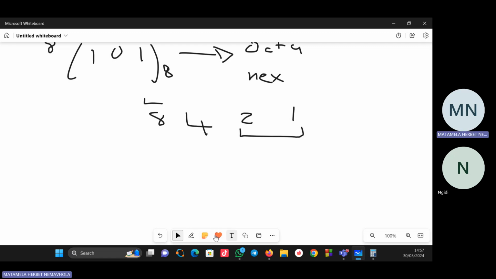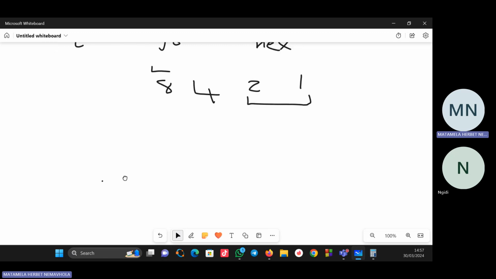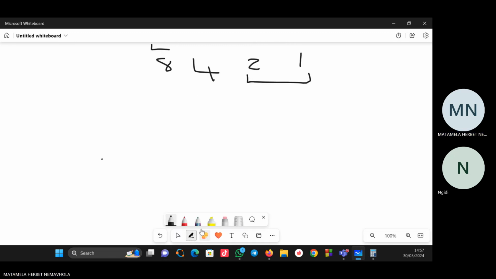So when you have that, you can write this number. Let's write those numbers down. Let me just make a space first. It's 1, 0, 1, right? 1, 0, 1.